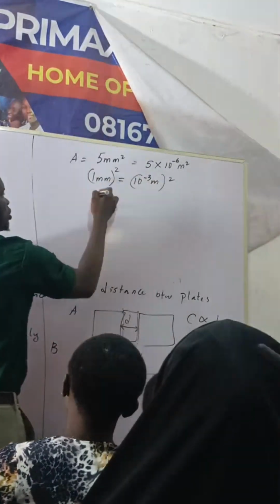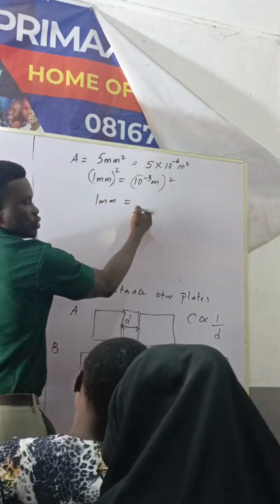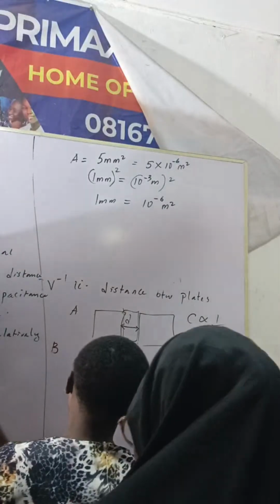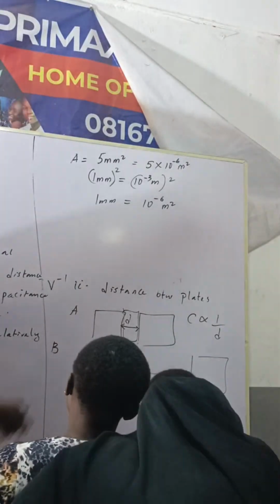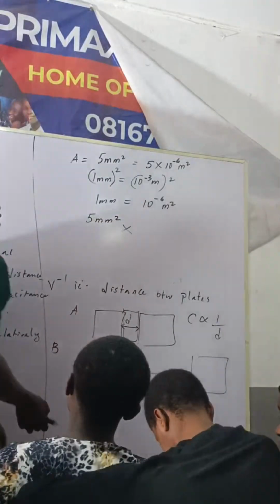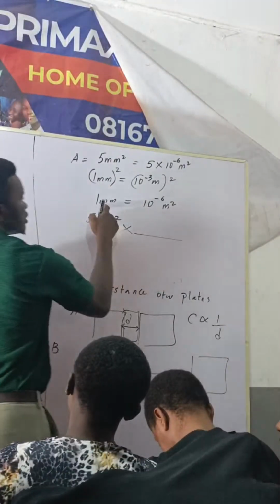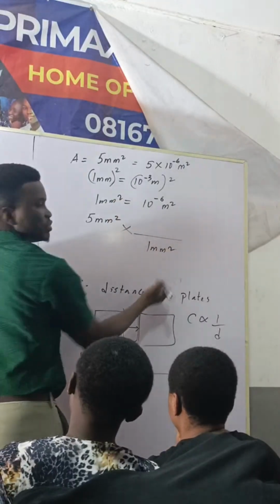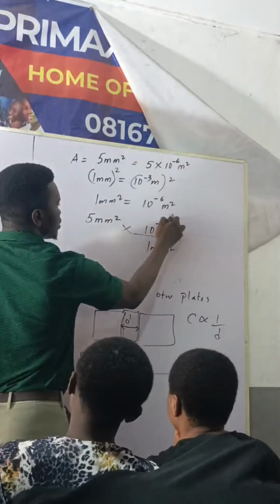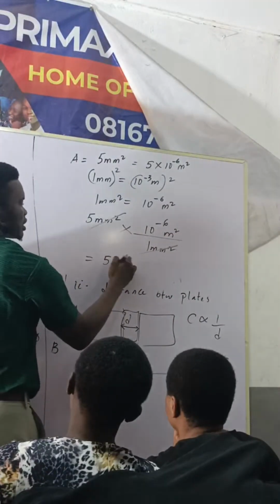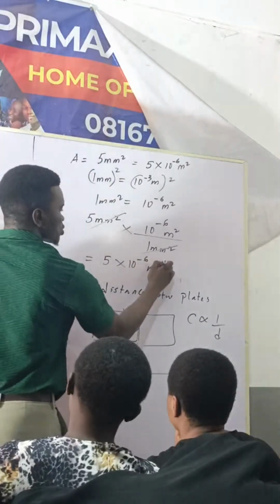Then this will be 1 millimeter squared is equal to 10 raised power minus 6 meter square. Then you now put your 5 millimeter square, doing your conversion factor divided by the one that you want to cancel. Then 10 raised power minus 6 meter square. That will give you 5 times 10 raised power minus 6 meter square.